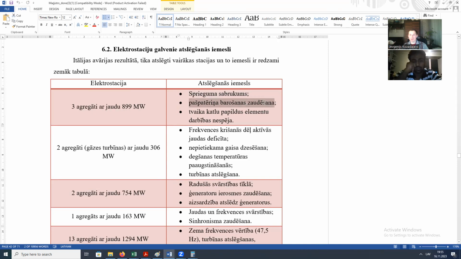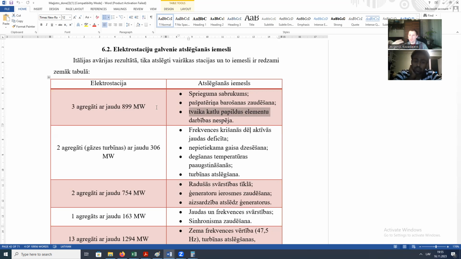They lost the self-consumption bus. The steam boiler can't produce enough steam due to the frequency decrease. If you have lower frequency, it means that you are producing less power.